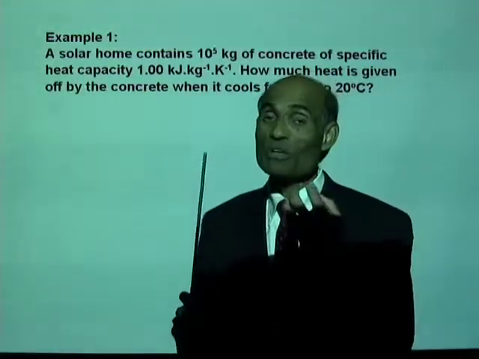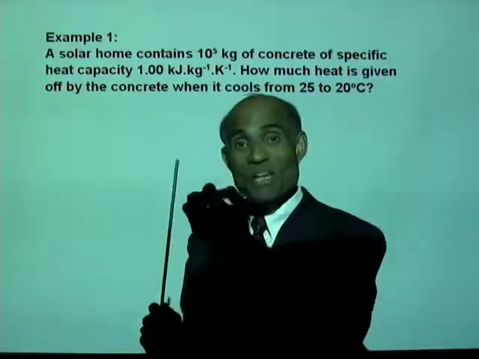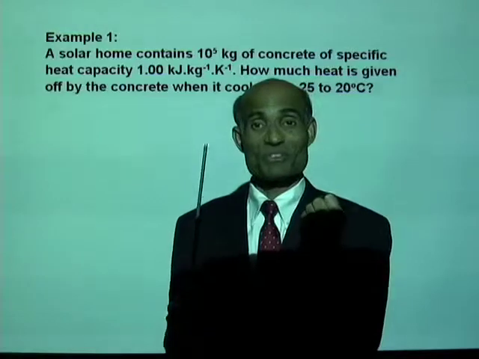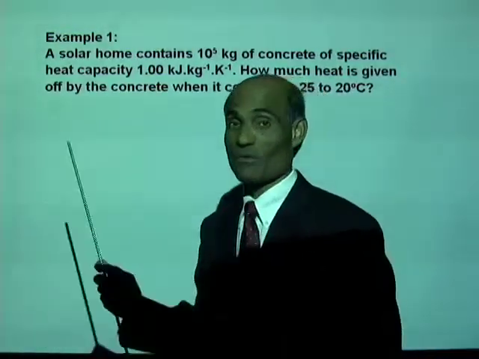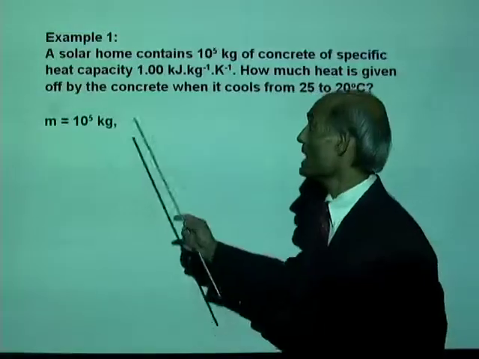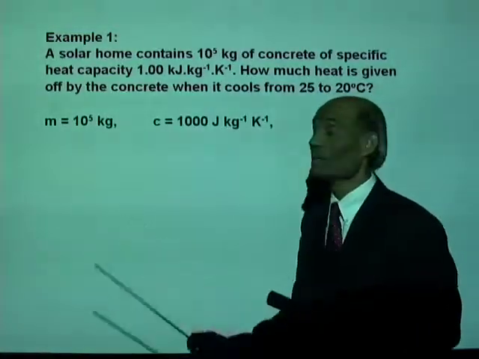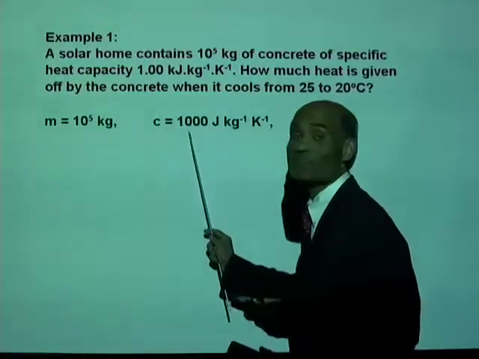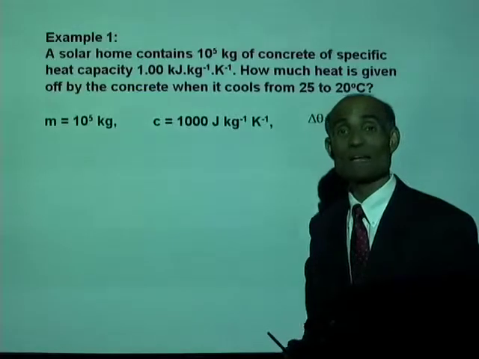Now here we need to find the quantity of heat given off when the temperature changes. So it involves only specific heat. Alright, let's pick the data. Mass of the concrete is 10^5 kilogram. The specific heat of that substance is 1000 joules per kilogram per Kelvin.